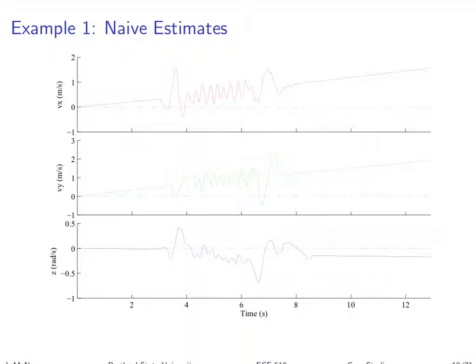And then once I've got the velocity estimates, I can integrate those and plot that spatially, so you can see what movement I did as a top-down view as I move this thing around.